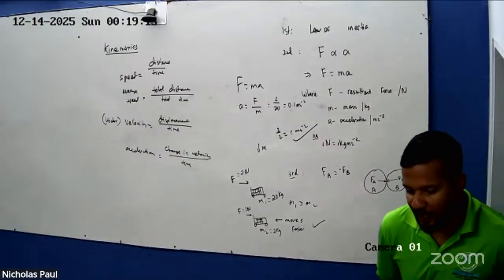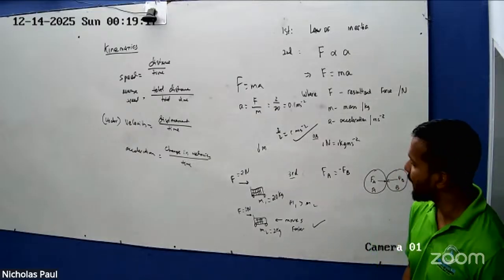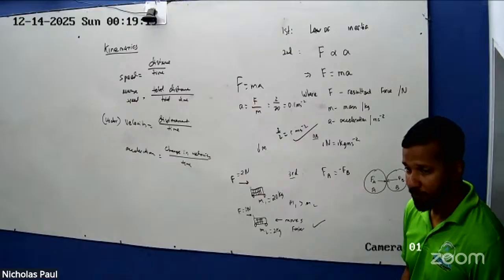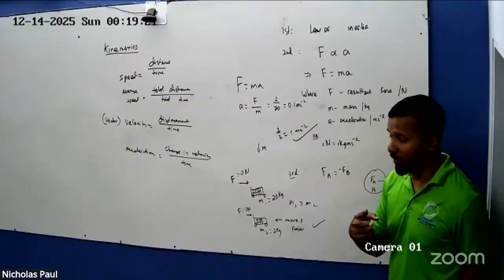So the acceleration of the lighter cart is larger, right? So we use Newton's second law. Okay?